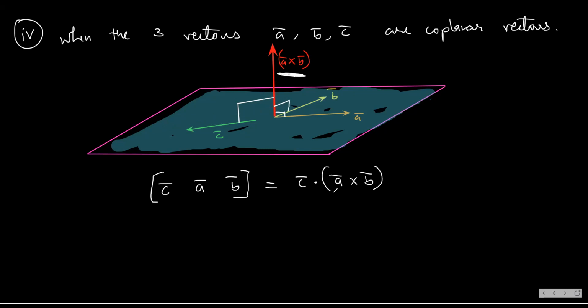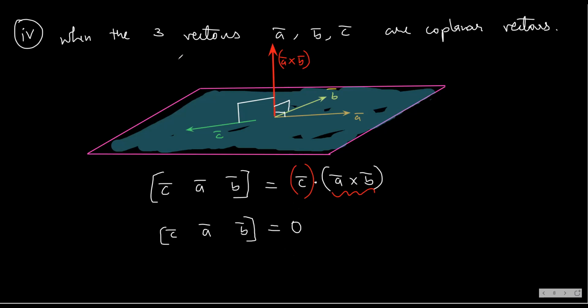So the angle between this vector and this vector is 90 degrees. Now you know if it is 90 degrees, then the dot product between these two vectors will definitely be 0. So you have c bar, a bar, b bar box product as 0. Now if c bar, a bar, b bar is 0, then it will be 0 in all different orders, whether it is a bar, b bar, c bar, or b bar, a bar, c bar, all the way the value will be 0.